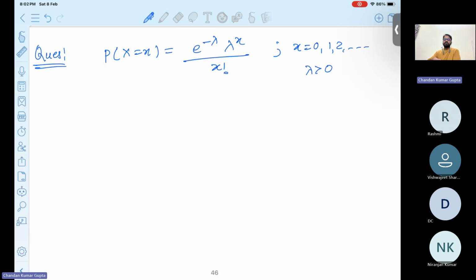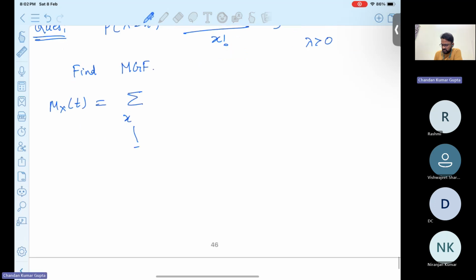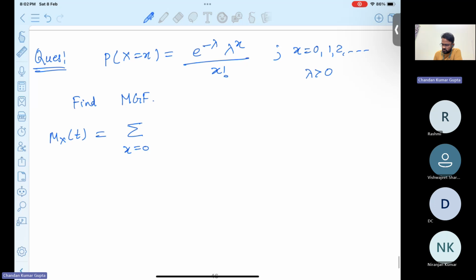Now we need to construct the MGF, find the moment generating function. So again, M X of t will be the summation over x from 0 to infinity of e to the power t x times the PDF, which is e to the power minus lambda, lambda to the power x upon x factorial.